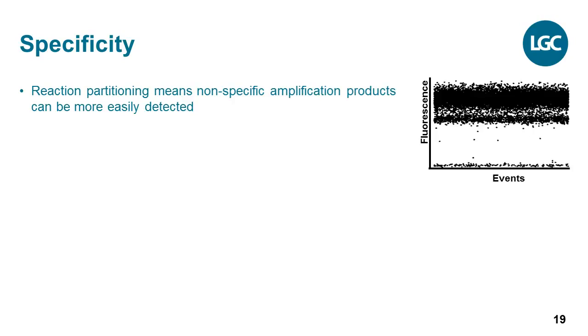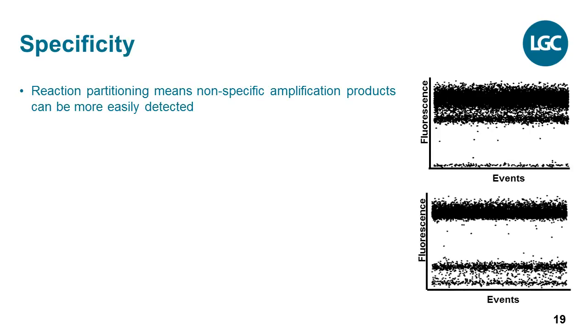As a consequence of reaction partitioning, the presence of non-specific amplification products can be more easily detected. In the upper figure presented here, a second population of partitions is visible below the main positive cluster. In the lower figure, a second population of partitions is visible above the negative cluster.